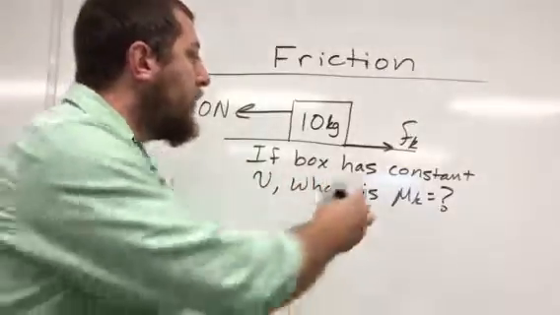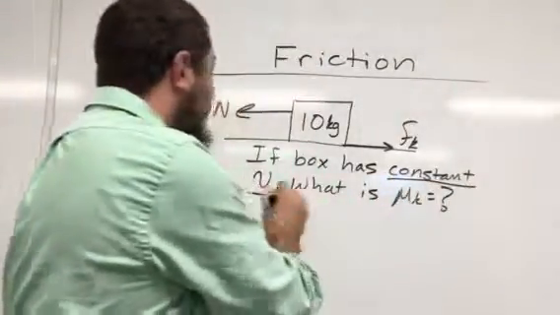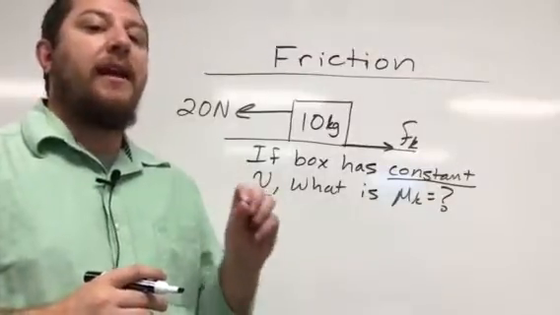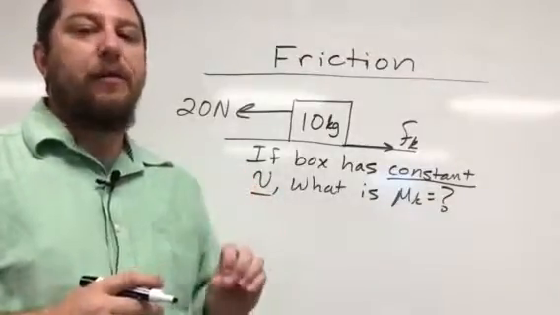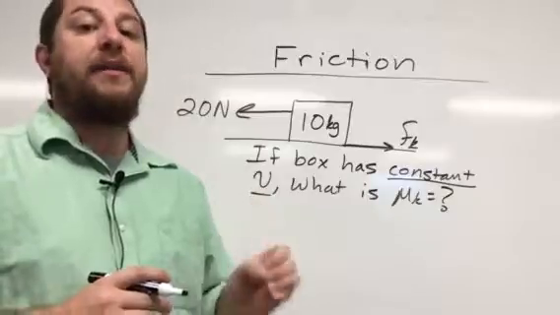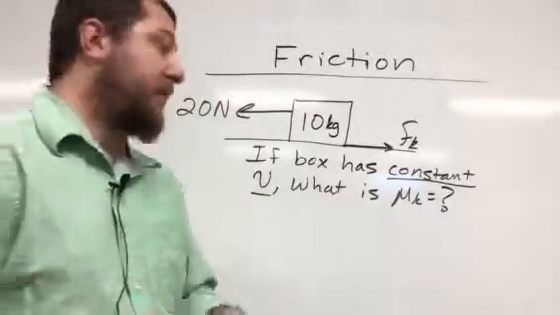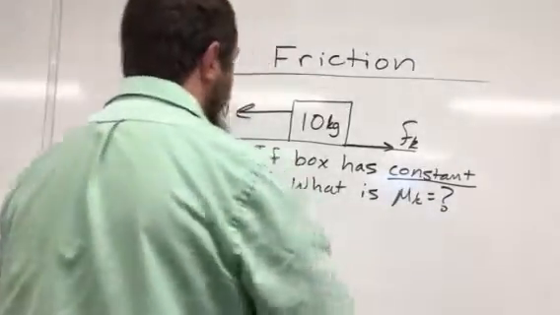Well, the key term here is constant velocity. If I'm moving at a constant velocity, then I have zero acceleration. When I have zero acceleration, then F equals ma is equal to 0, or the sum of all your forces balance.